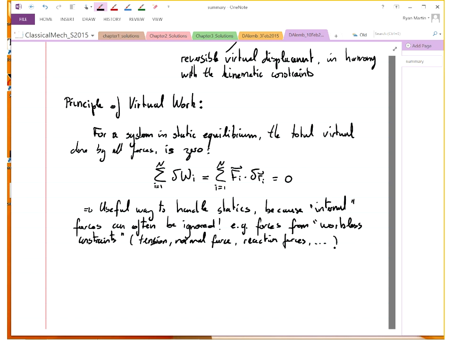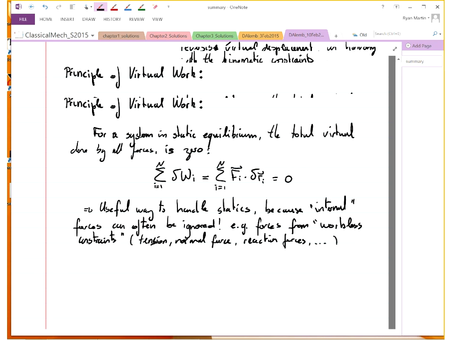So the normal force, for example, can only do work along the component that's parallel to the normal force. By definition, a normal force is a force of contact between two surfaces, and it would violate the kinematic constraint to have any displacement that's perpendicular to a surface. That's the principle of virtual work.